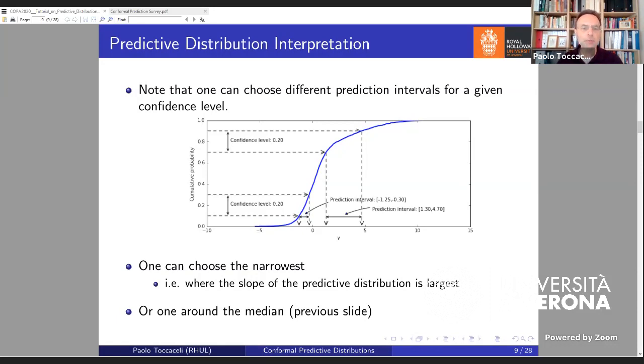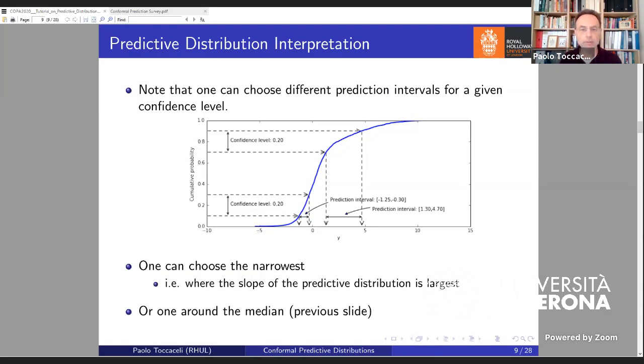One desirable thing to do is to choose the positioning of this interval such that we have the narrowest y interval, because we want predictions to be as concentrated as possible in as narrow as possible an interval for y.